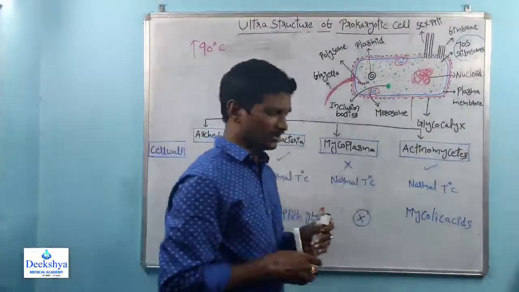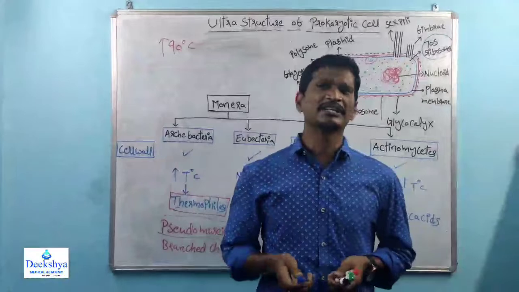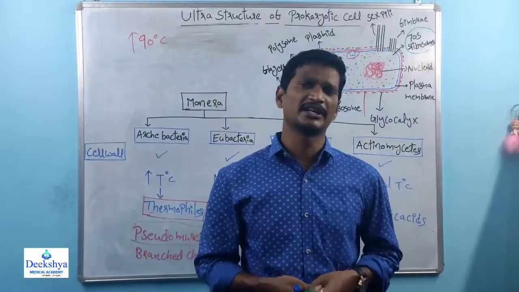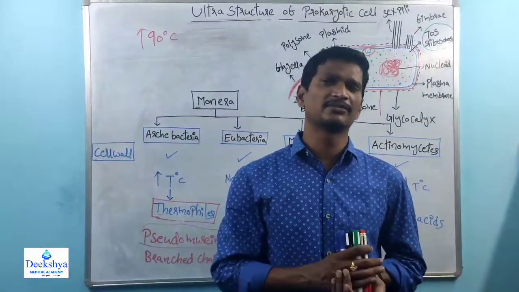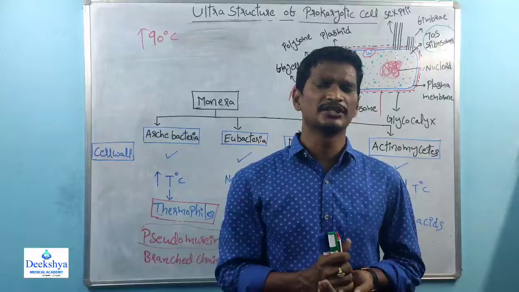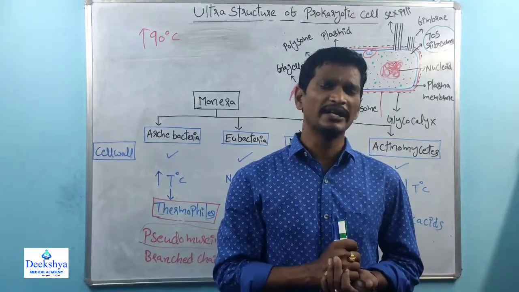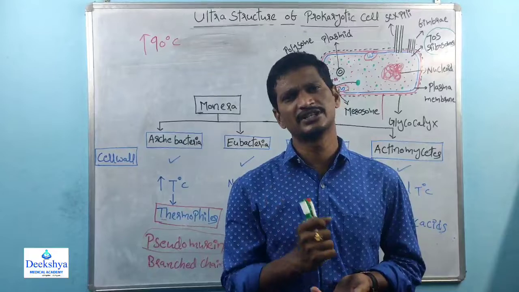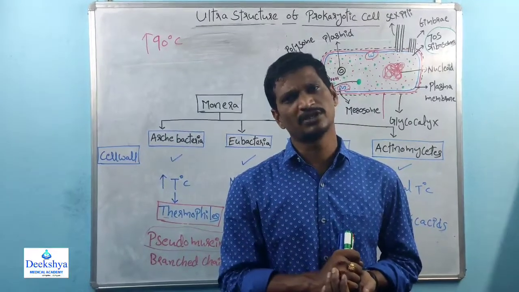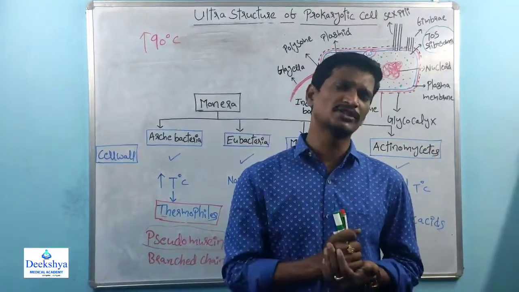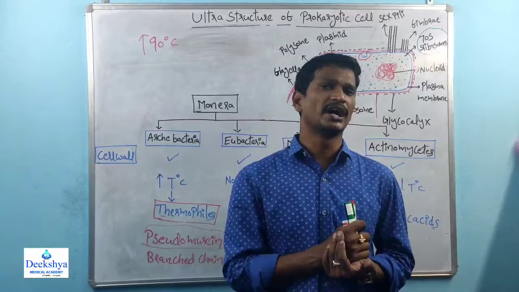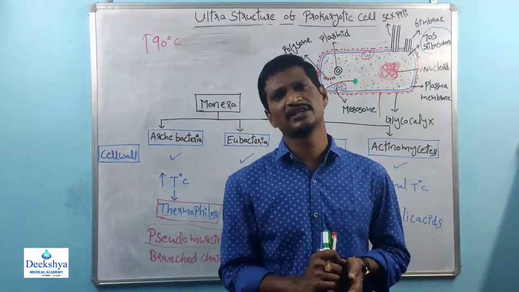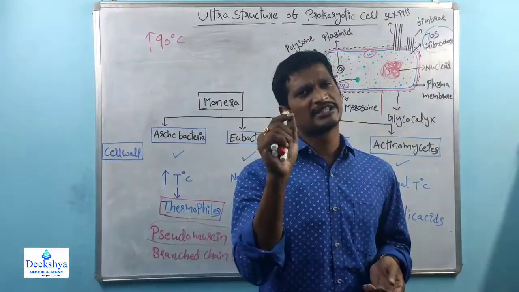Among all these points, the very important one is Archaebacteria. Within Archaebacteria, a group of bacteria grow at high temperature; these are called thermophiles. Why do they have the capacity to grow at high temperature? Because of the cell wall composition: the cell wall contains pseudomurein, and the plasma membrane has branched chain lipids.